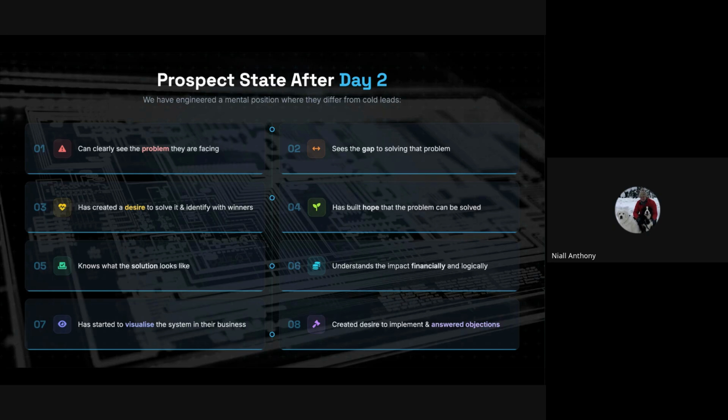They will also have built hope that the problem can be solved because they've seen the mechanism in day 2. They know what the solution to the problem looks like, and they know what this means financially for them and logically. And they have started to visualize the system naturally within their business and answered their own objections.